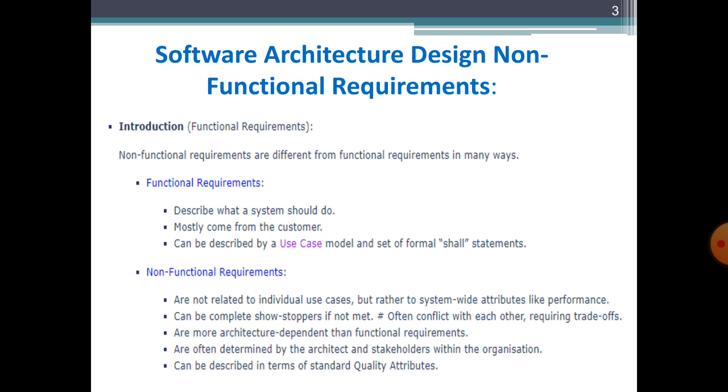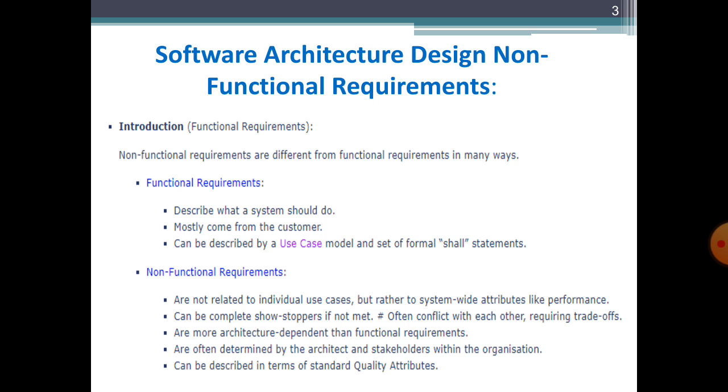All of these quality requirements correspond to non-functional requirements. We have been discussing these quality attributes for the last two or three lectures, so I am assuming you are now well aware of them.